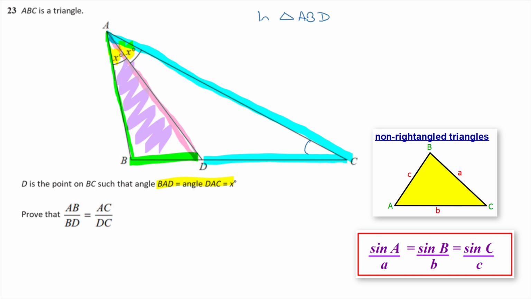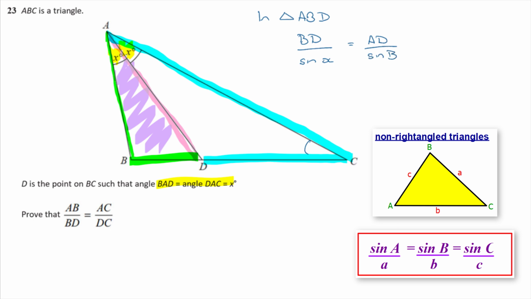So I can use that to say that my side BD over the sine of the angle opposite it, which is x in this case, so BD over sine x is equal to AD over sine B.